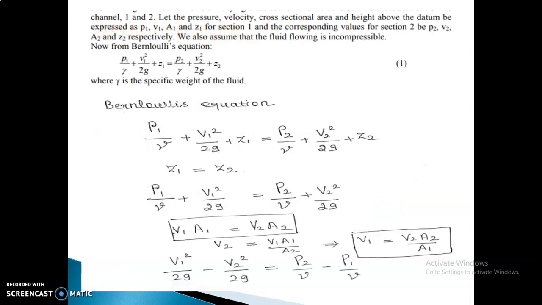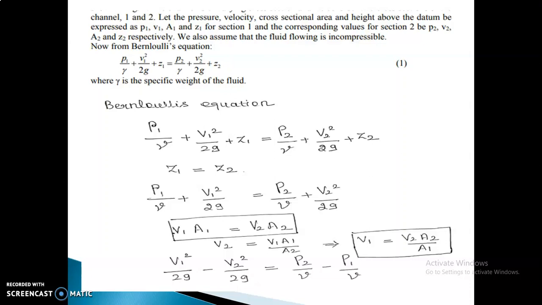So how do we calculate the fluid flow rate for an incompressible fluid? In channel 1 and channel 2 the cross sections vary, and we consider two sections. For section 1, the corresponding values are P1, V1, A1, Z1.